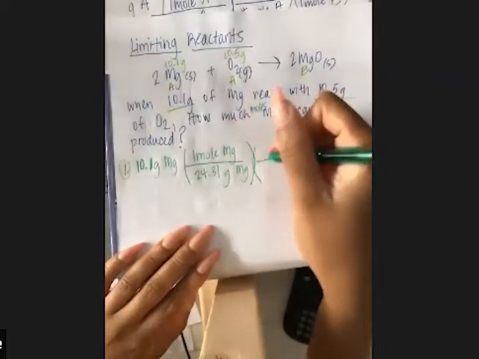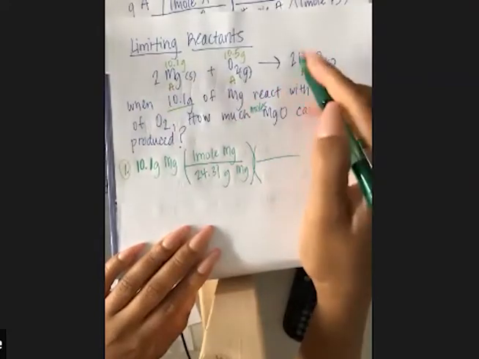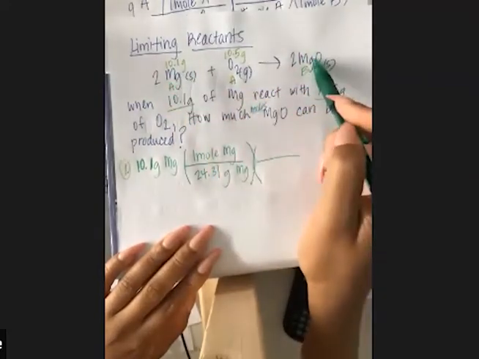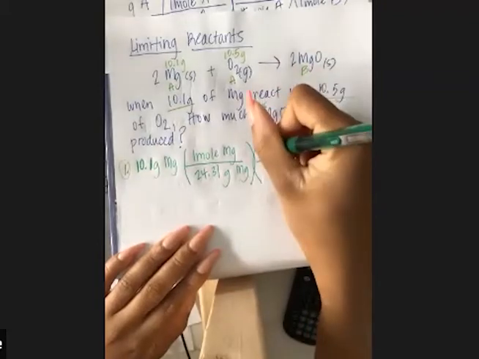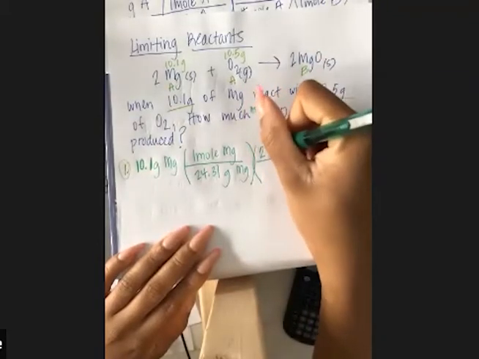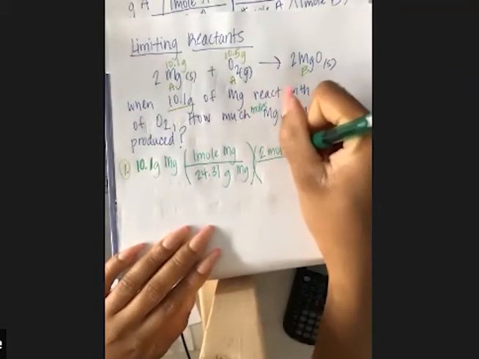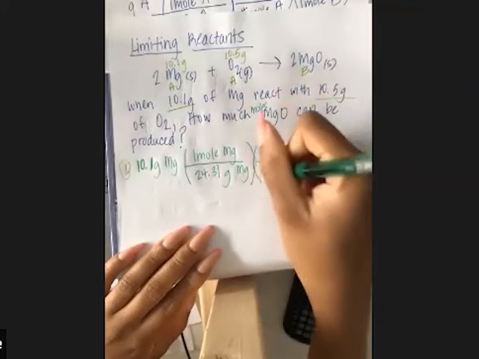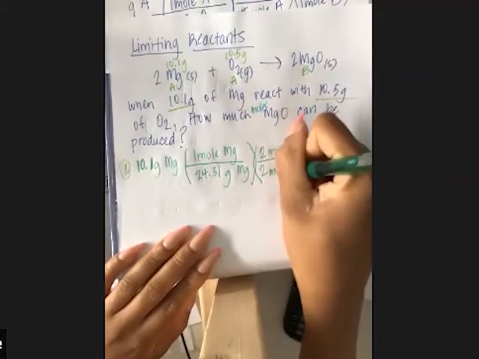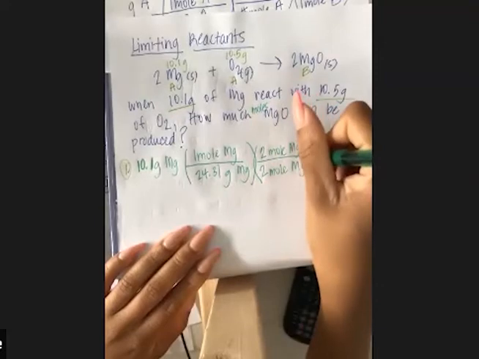Or 1 to 1, whichever one you want to say. I'm looking at magnesium versus magnesium oxide. So in this case, I'm saying 2 moles of magnesium oxide for every 2 moles of magnesium.